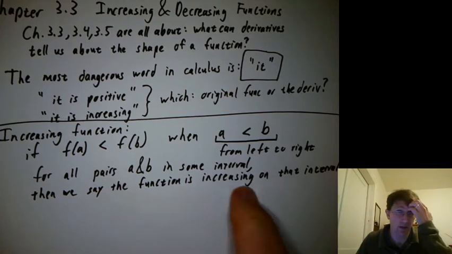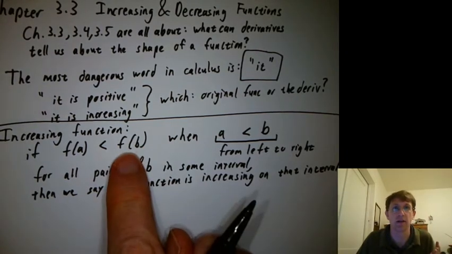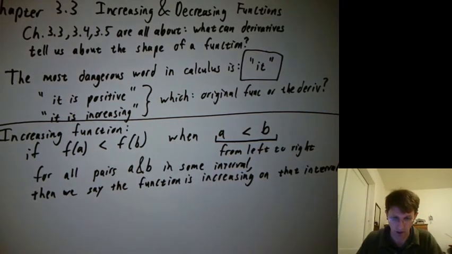And if we say a function is increasing on that interval, then that means that f of a is less than f of b whenever a is less than b.